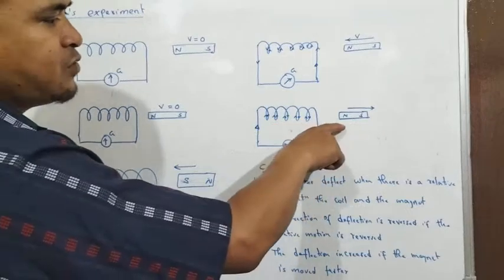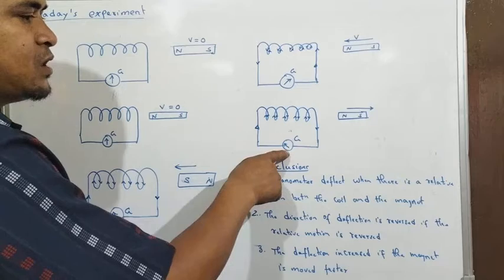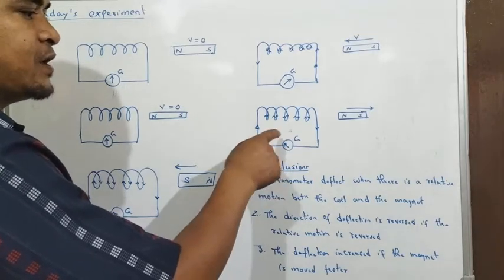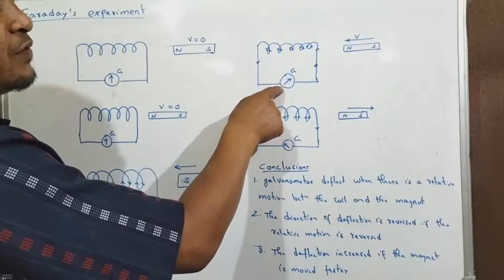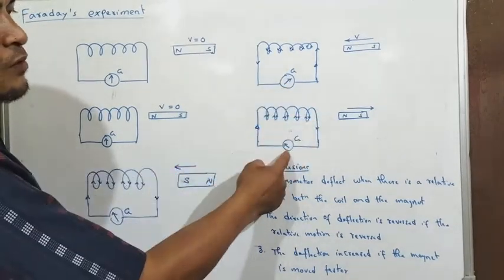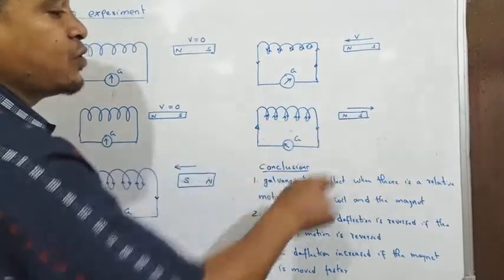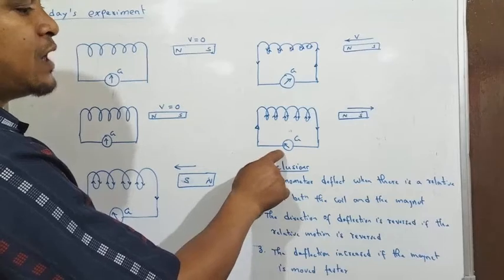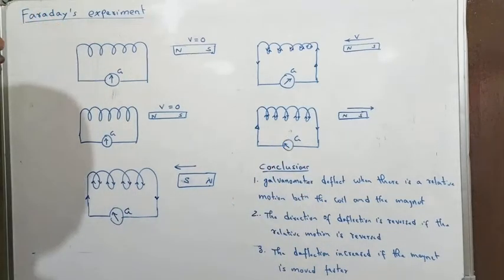Again he found the galvanometer deflects, but the deflection in this case is opposite to the previous one. Before, the galvanometer deflected towards the right, but when he moved the north pole away from the coil, it deflected in the opposite direction.